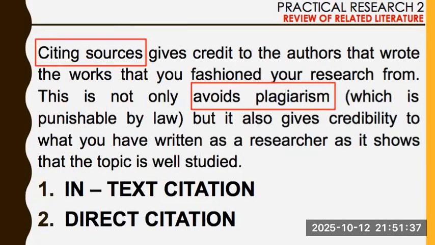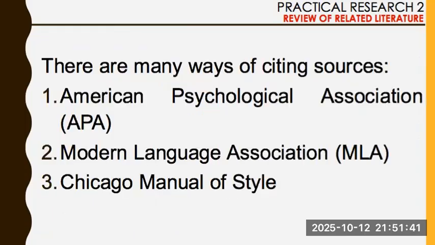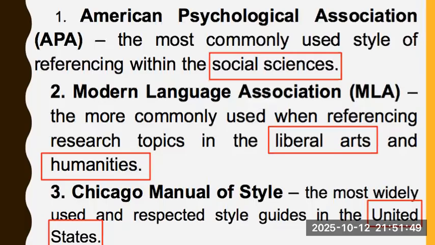There are several citation styles in research. The most common are the APA, MLA, and Chicago Manual of Style. APA stands for American Psychological Association. It's the style usually used in social sciences.